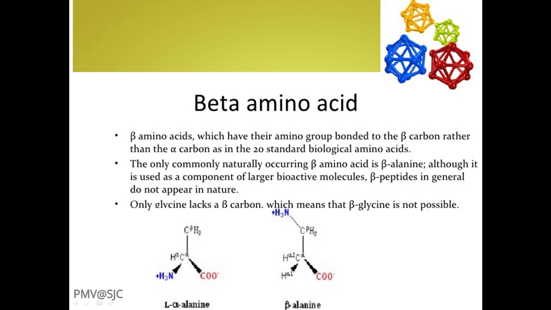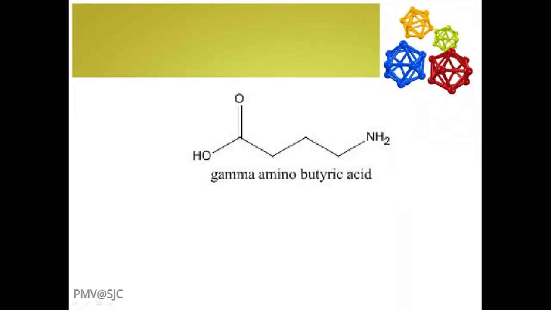Now, let us move to the gamma amino acid, where the amino group is present not adjacent to the alpha carbon or a beta carbon, but on the gamma carbon.